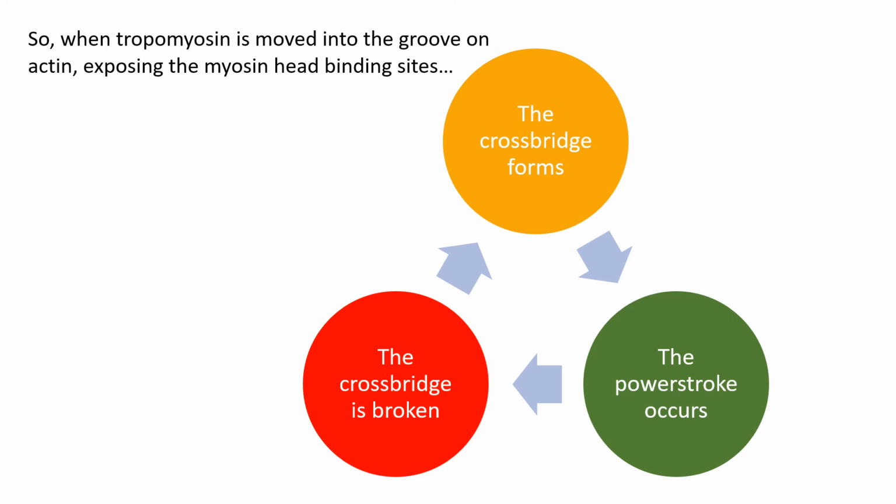So, to go back to the beginning, tropomyosin is moved into the groove on actin because of the binding of calcium to troponin, exposing these myosin head binding sites.